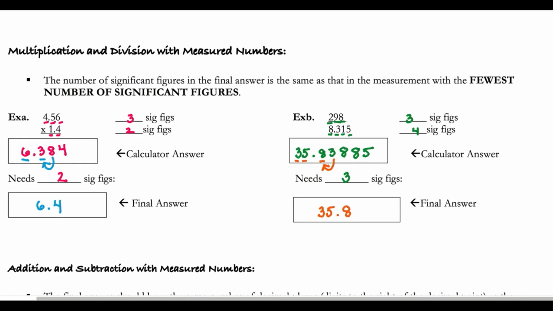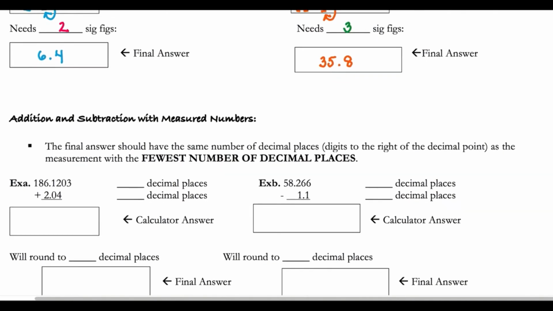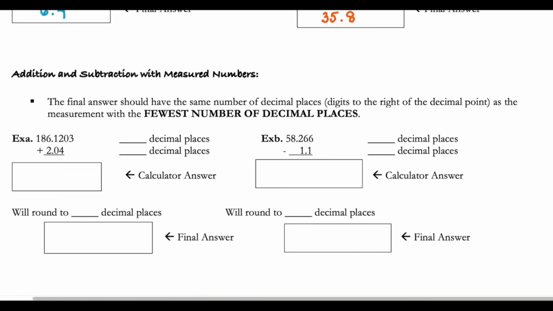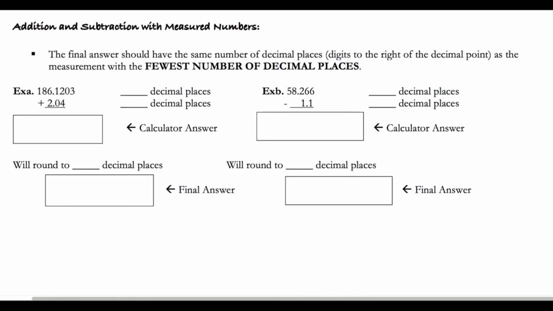There is a different rule for addition and subtraction. And the reason why these rules are different will make a lot more sense when we actually get into the chemistry of it, and you see why using sig figs when we're adding and subtracting simply does not make sense. So for adding and subtracting, instead of looking at the fewest number of significant figures like we did for multiplication and division, we're going to round your final answer to the fewest number of decimal places.